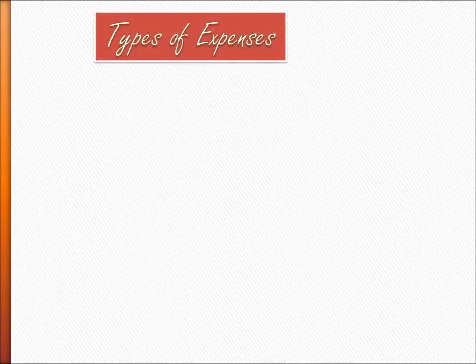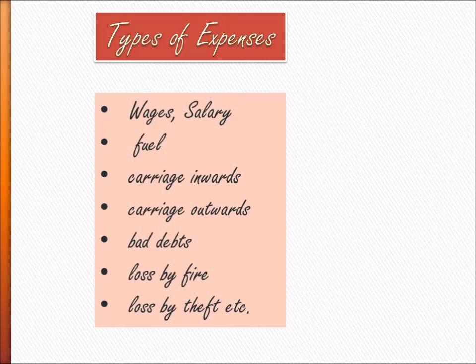And before I start final accounts, you must be aware about the types of expenses. Now you are familiar with the expenses like wages, salary, fuel, carries inward, carries outward, bad debts, loss by fire, loss by theft, etc. And we have used these accounts in our previous segments.